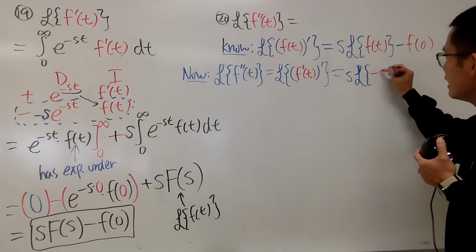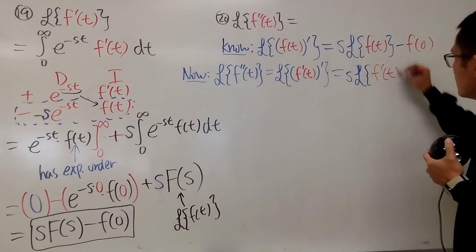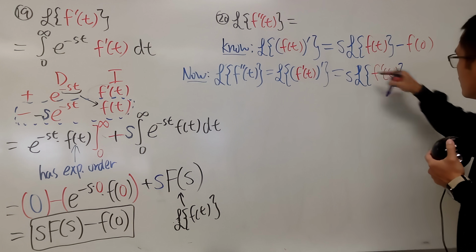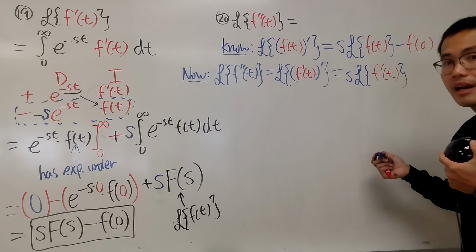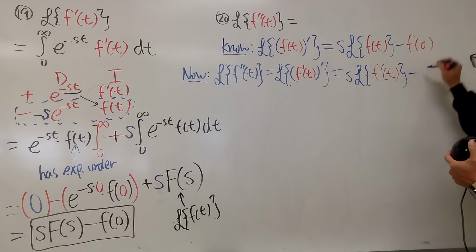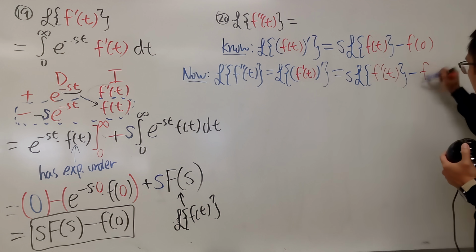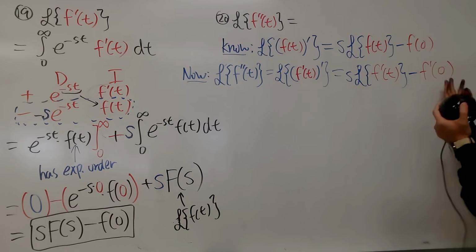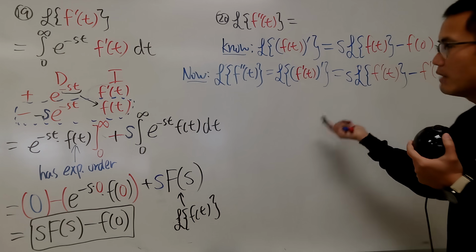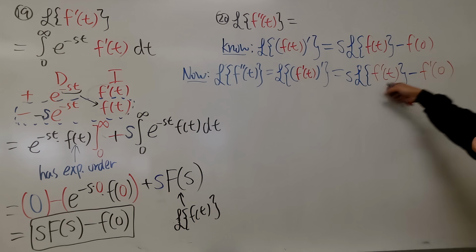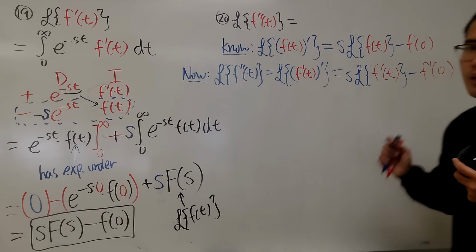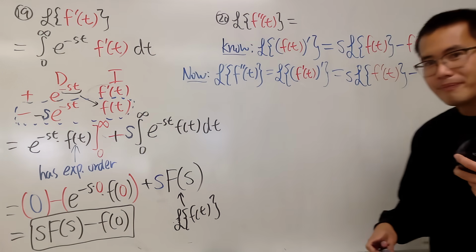So I'll put down f prime of t. Very nice, huh? And then minus, instead of f, we put down f prime. So we have f prime of 0, like that. And this is so wonderful. Have a look. This, and that are the same. Very, very nice, isn't it?